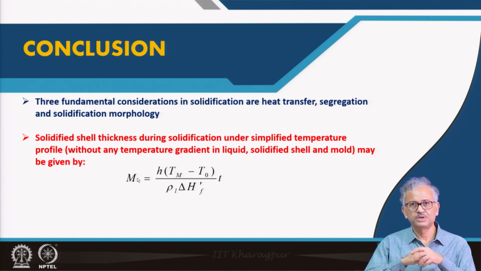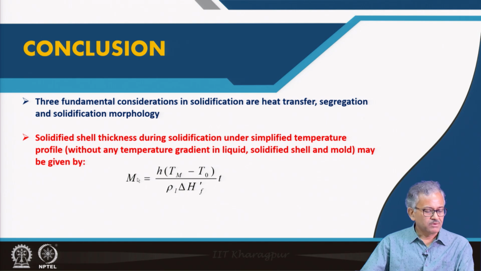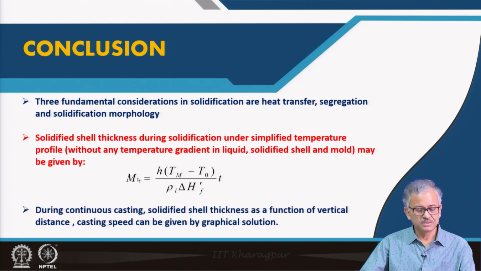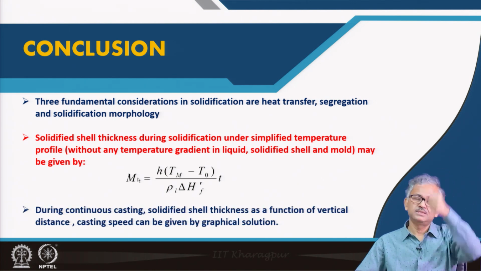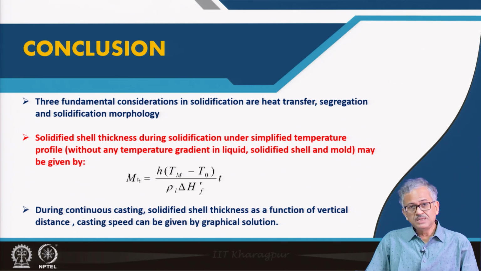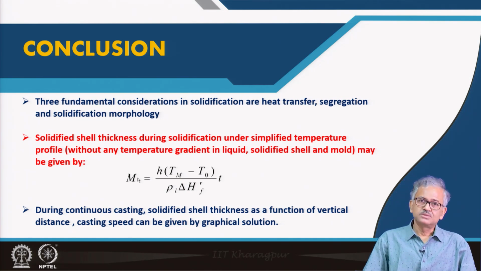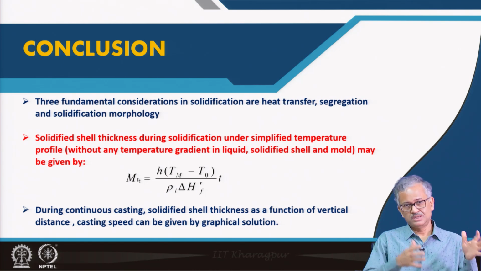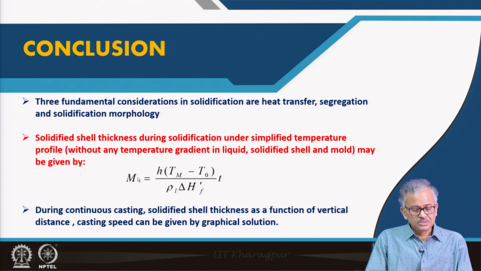So you can calculate the corresponding time for metal mold ingot casting. But for continuous casting, as I said, since the casting speed is associated with it, you have to consider a more rigorous analytical solution based on the differential equation and boundary conditions that we have discussed. Those solutions are available in the literature.